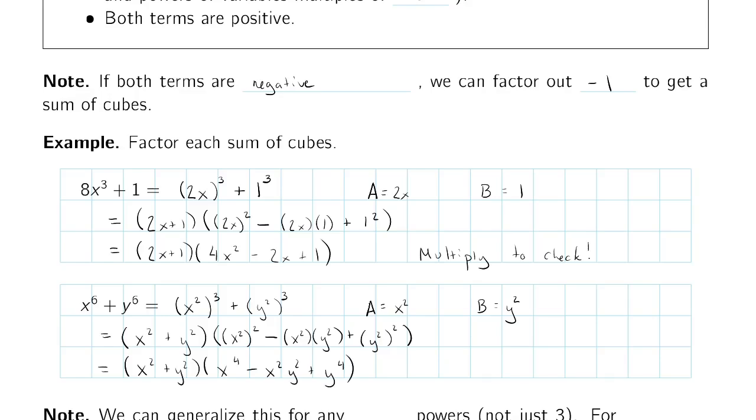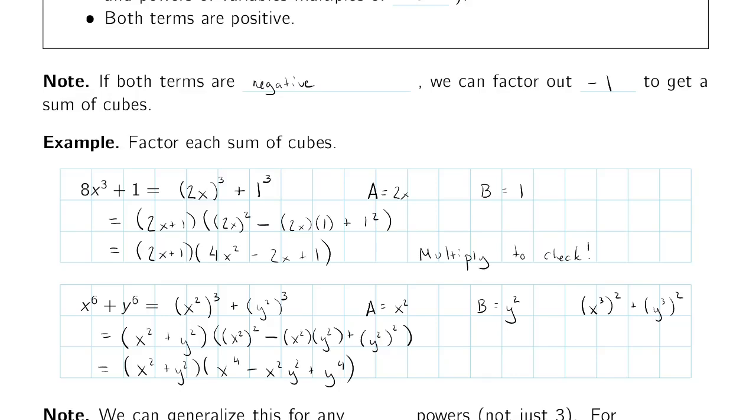Now, the keen observer might be noticing that this is a sum of squares. So this is x to the 3rd squared plus y to the 3rd squared. And you'll recall we said that a sum of squares can never be factored as a product of two binomials.